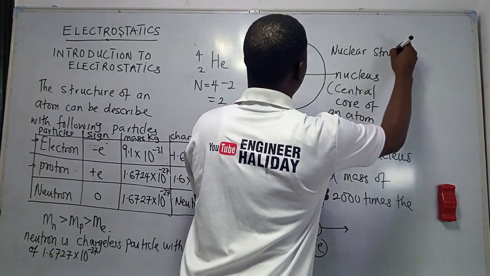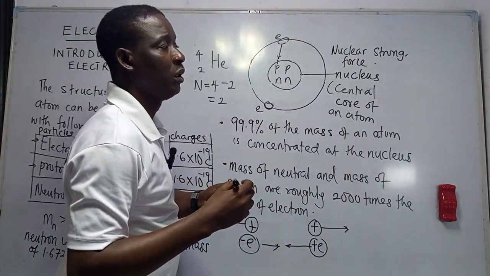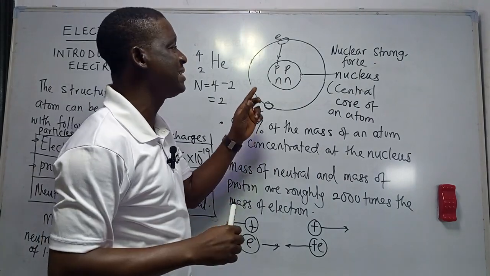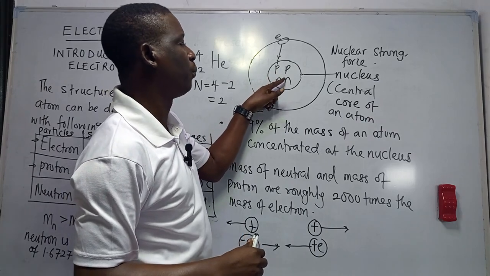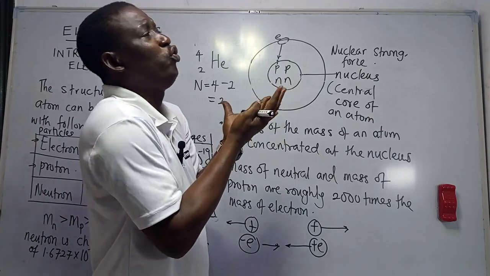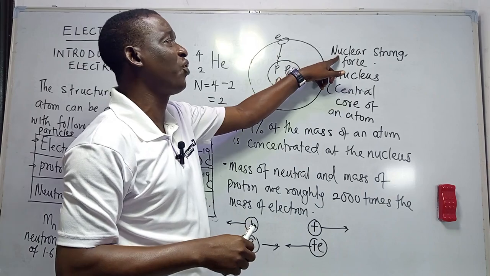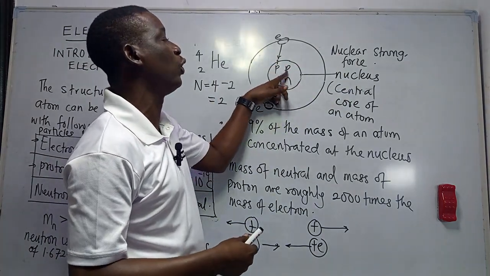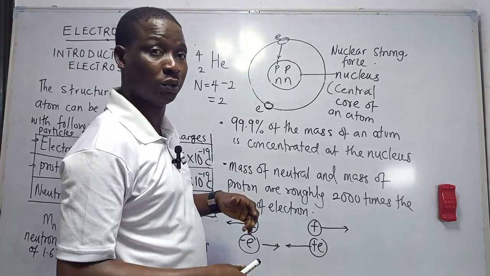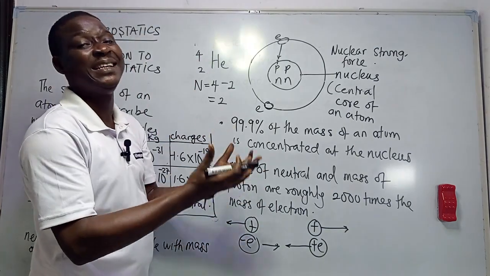This nuclear strong force is the force that exists between proton and neutron, or proton and proton, or neutron and neutron, to hold the nucleus together. This force is higher. It overcomes the repulsive force created by the proton and proton. So that means it makes this atom remain stable.